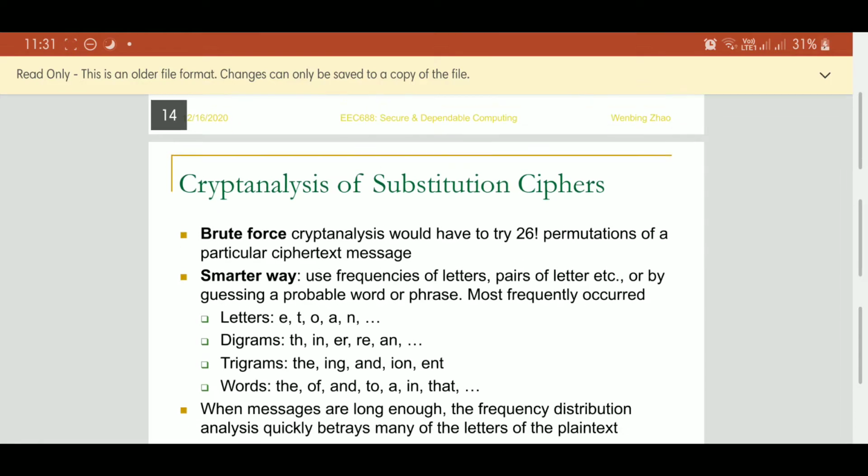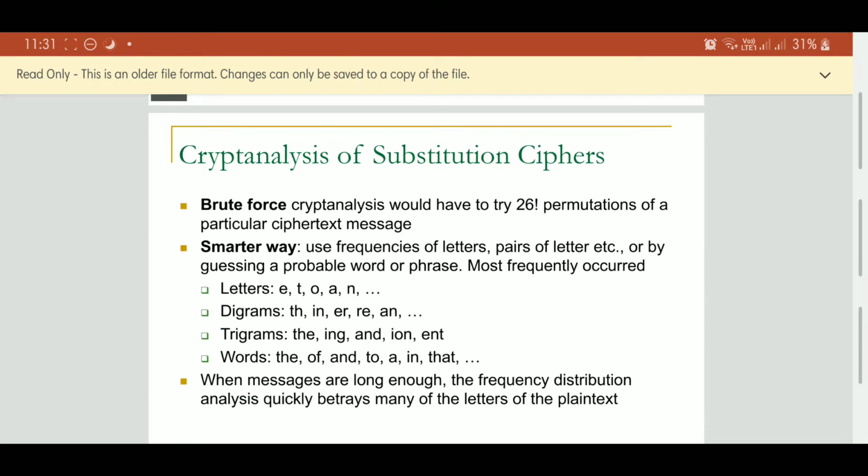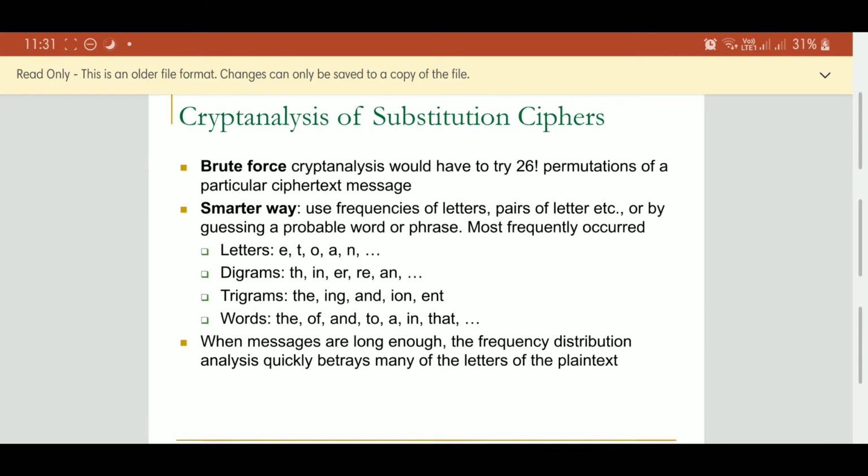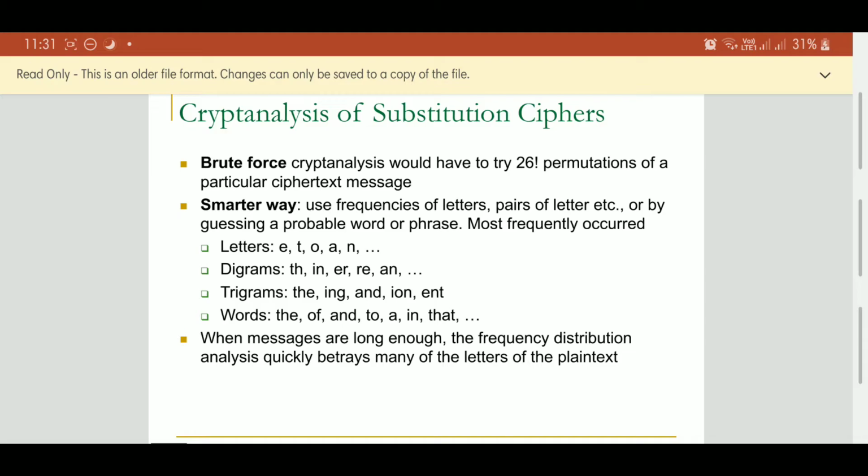Cryptanalysis of substitution ciphers. Brute force: the cryptanalyst would have to try 26 factorial permutations of a particular ciphertext message. A smarter way: use frequencies of letters, pairs of letters, etc., or guess a probable word or phrase.